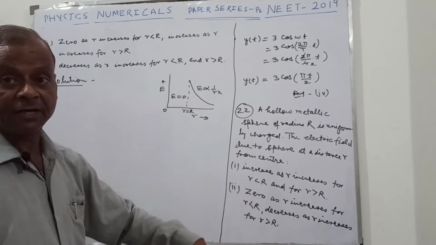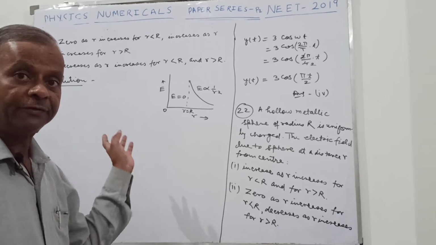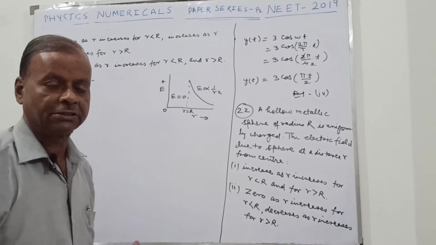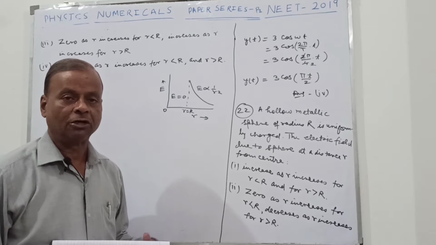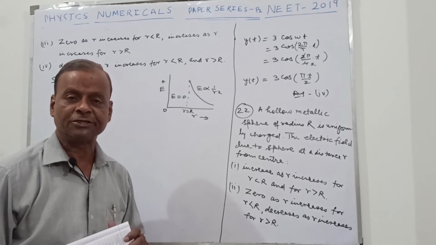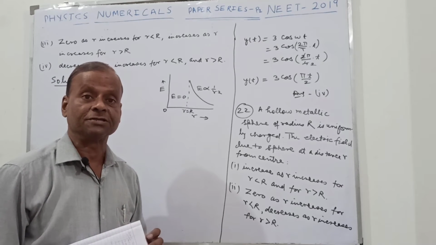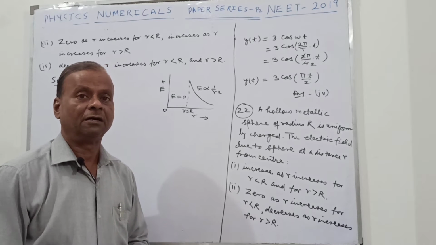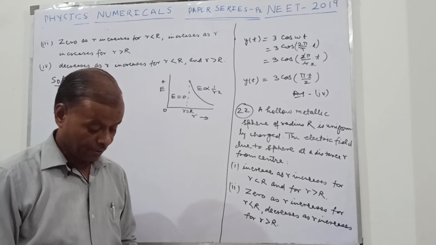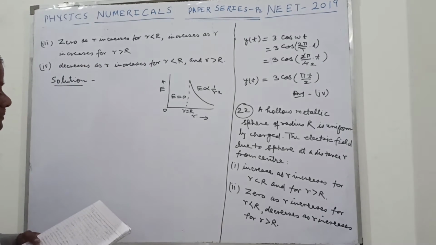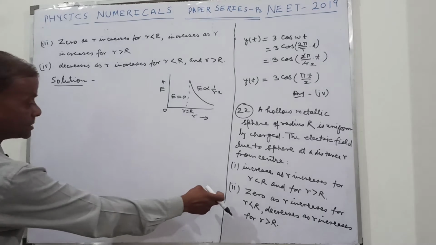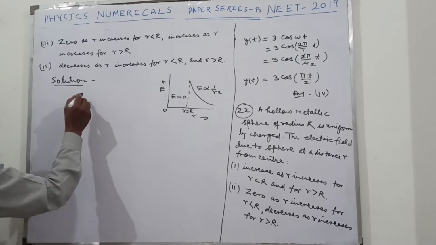r greater than capital R means that we are going away from the sphere. This is outside the sphere. Outside the sphere, the electric field decreases with the increase of the distance. So the right option is second.